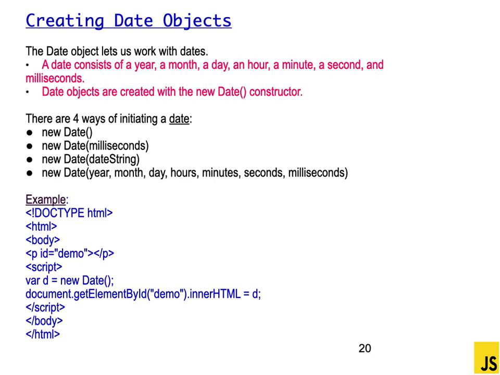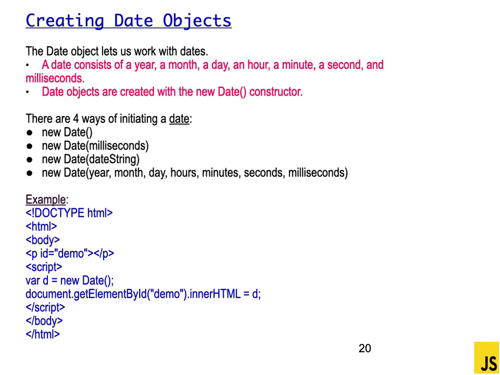There are four ways of initiating a date. new Date, the first constructor without any arguments. new Date with milliseconds, that is a number value. new Date with a date string representation of the date as the argument. new Date(year, month, day, hours, minutes, seconds, milliseconds). These are the four constructors for creating new date objects.